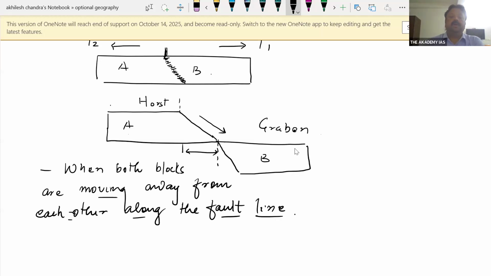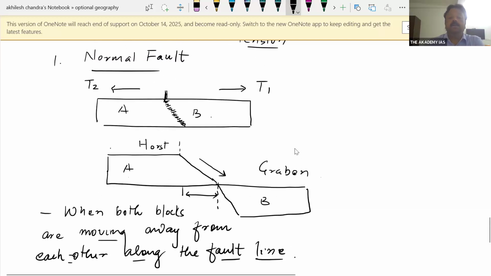When both the blocks are moving away from each other along the fault line, then we call it normal fault.